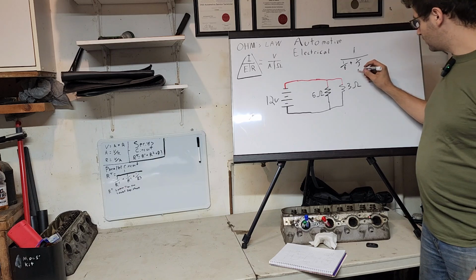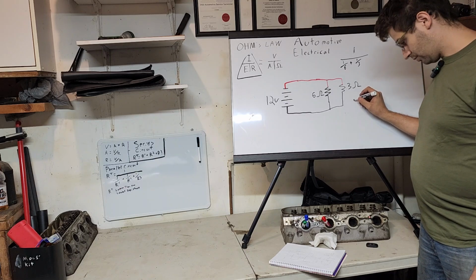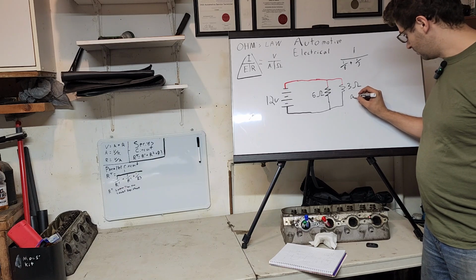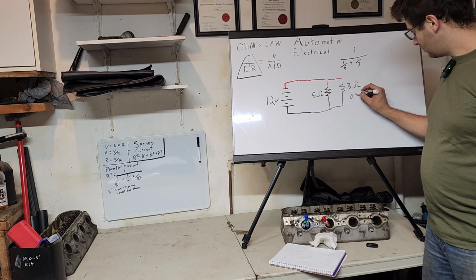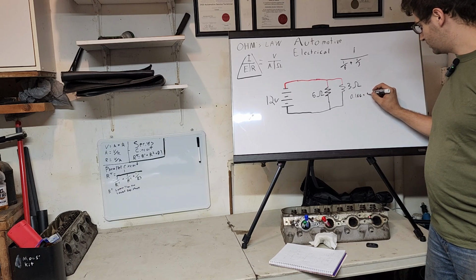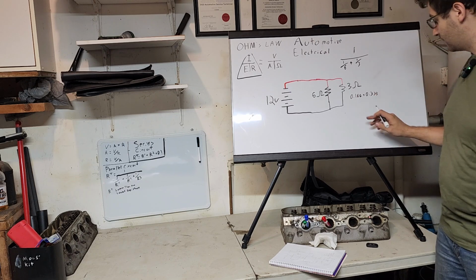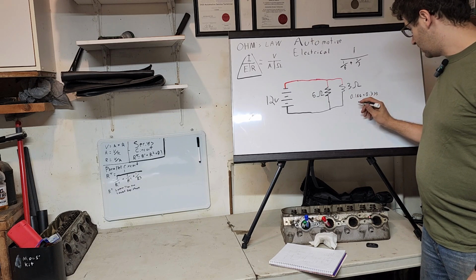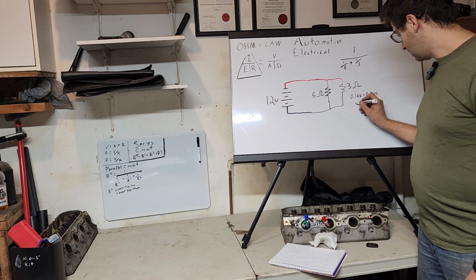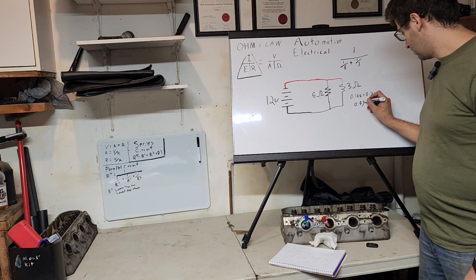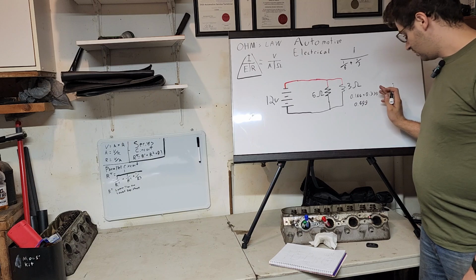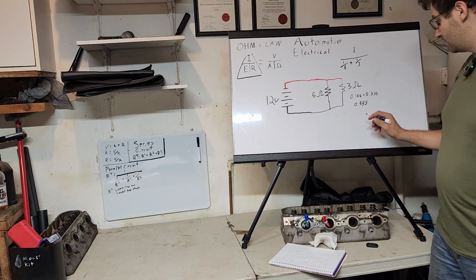So that's going to look like 0.166 plus 0.333. This goes on. We're just going to shorten it. So add it together. That ends up being 0.499. Great.